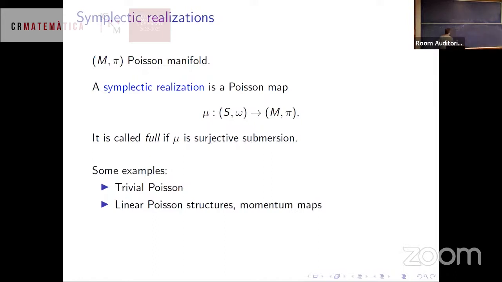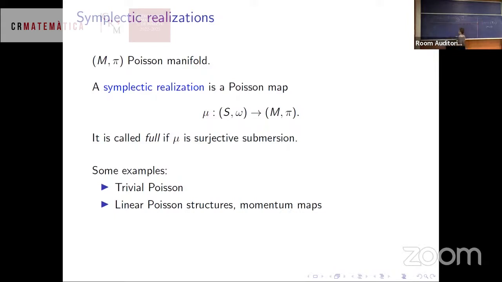The first general remark is that without the fullness assumption, any symplectic leaf of an arbitrary Poisson manifold is an example of a symplectic realization, except that the fullness condition is not satisfied. I'll be mostly interested in symplectic realizations which are full.